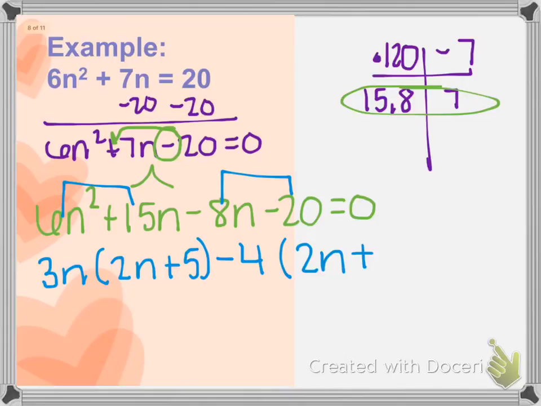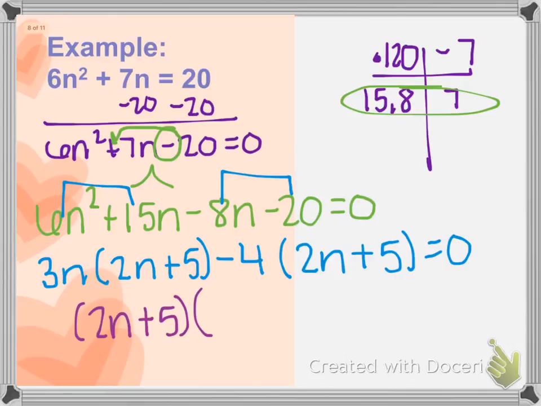Negative 20 divided by negative 4 is a positive 5. So again, by taking out that negative, I changed the signs, which I wanted to be able to do to make them match. Because now I have 2n plus 5 as one of my factors, and then the leftovers from the outside, 3n minus 4, as my other set of factors.